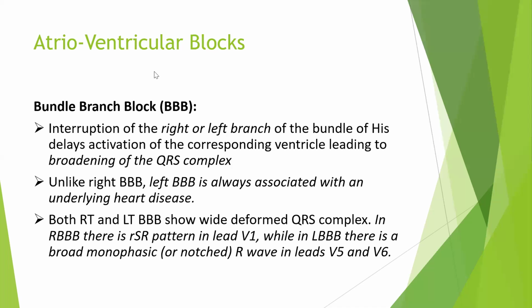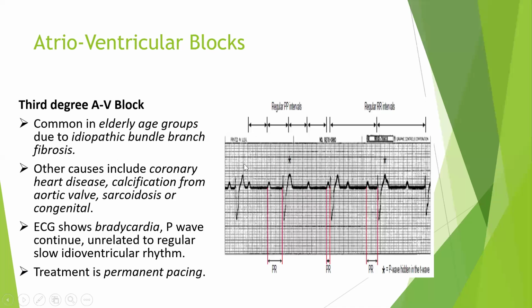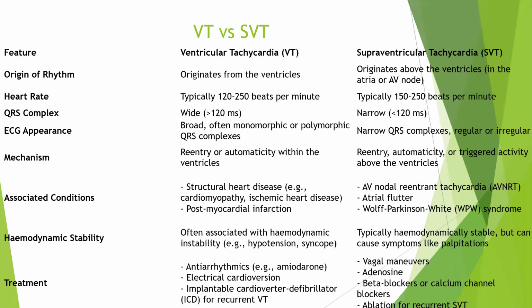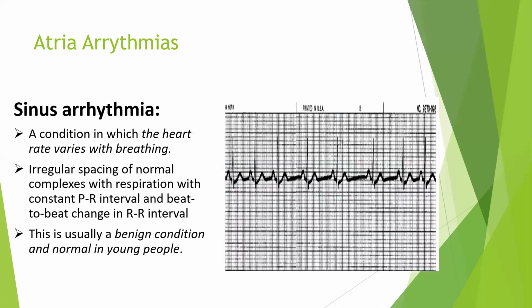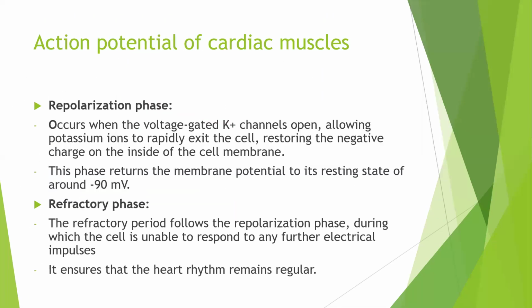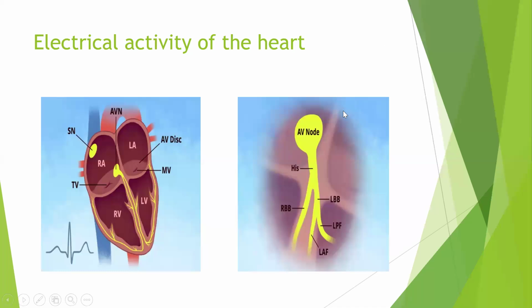Okay. All right. AV blocks can actually also be bundle branch blocks. Let me show you this from what we started with. Okay. All right. So you can see the bundle of His, all right, is divided into right bundle branch and left bundle branch.